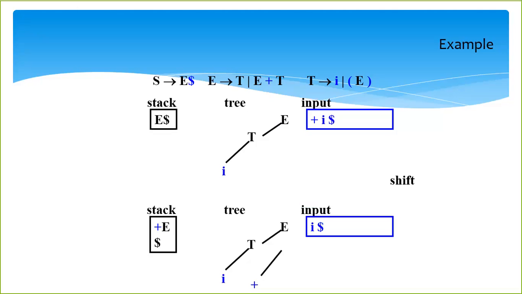So now what do we have in the stack? You have E and plus. What do you have in input? You have I. Fine. So what is our task? Our task is to consume all the input. We will not stop until all input is consumed. Very important.